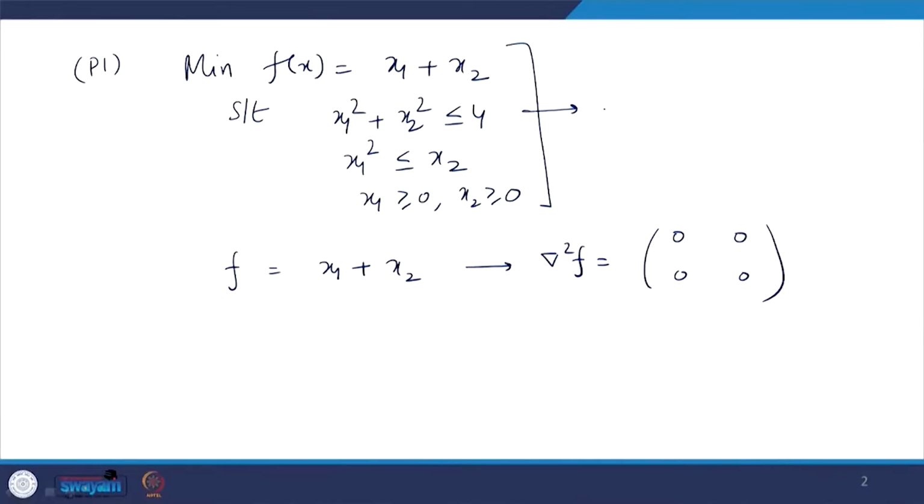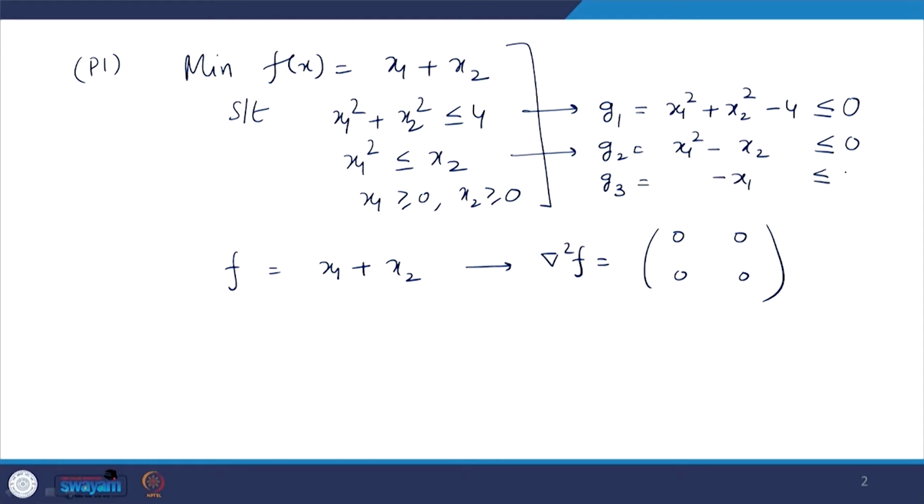Now, let us see the constraints. The first constraint G1 is x1 square plus x2 square minus 4 less than or equal to 0. The second constraint is x1 square minus x2 less than or equal to 0. The third constraint is minus x1 less than or equal to 0.